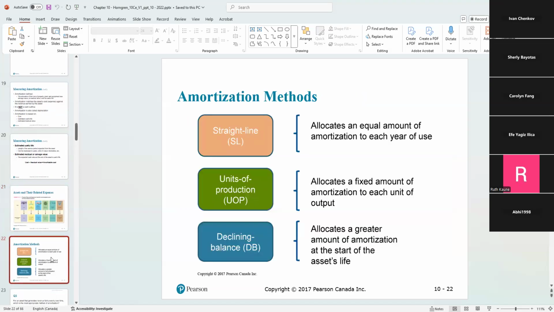So how many methods are we going to have for amortization? We're going to have different methods, depending on what we need it for. First one, the most simple one, is the straight line method. Straight line method is the same amount over and over, year after year of usage. So let's say I buy an asset which costs me $120,000, I'm using it for 10 years, and at the end of the 10th year, I can sell it for 20.